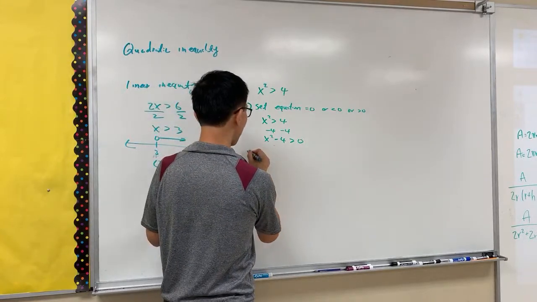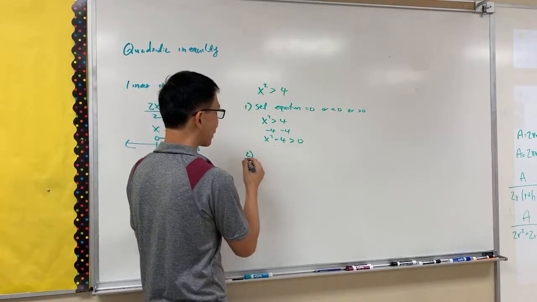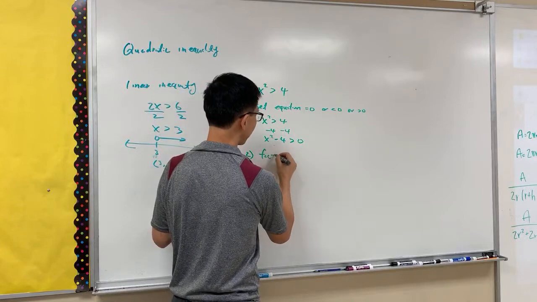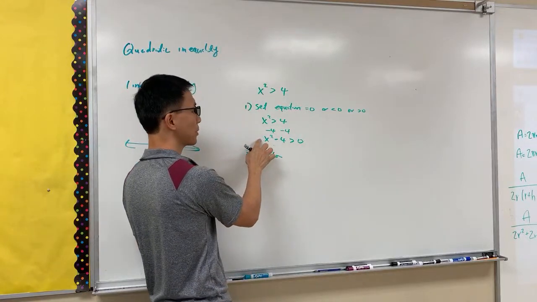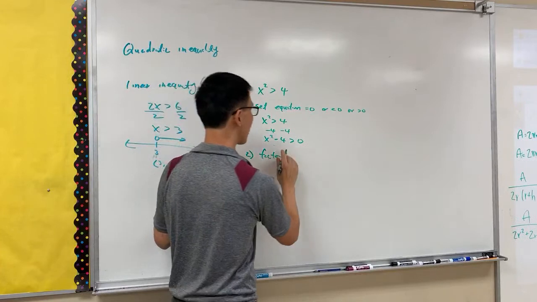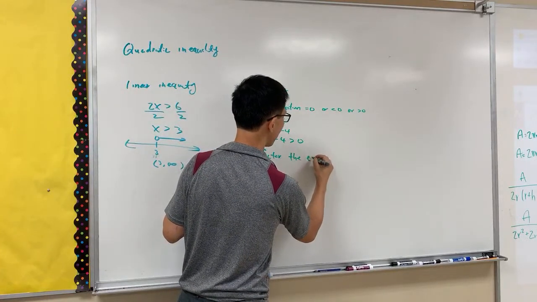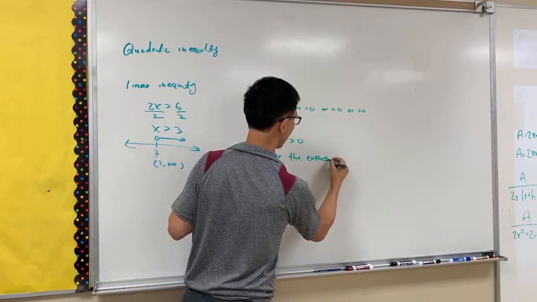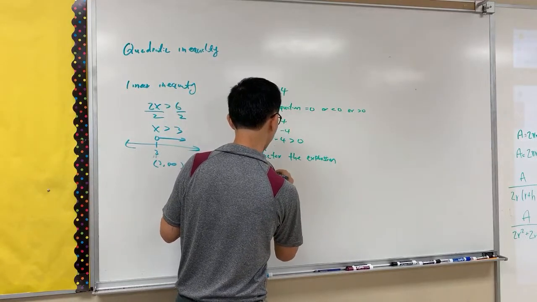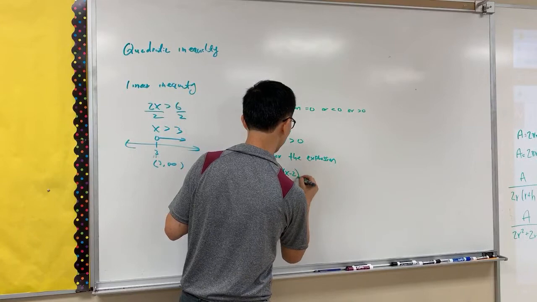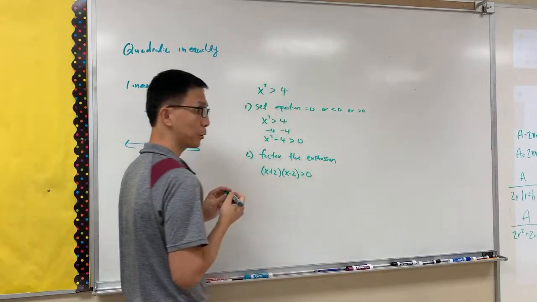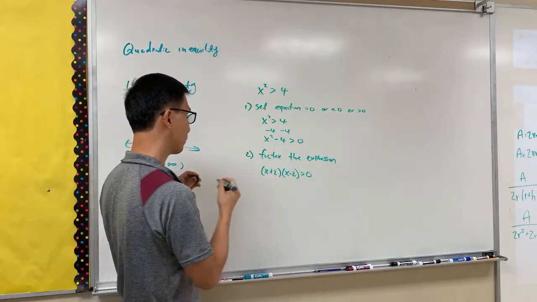Okay. Second step, I'm going to factor this. Factor, and make sure that the leading coefficient is positive. So factor the expression. That's going to give me x plus 2 and x minus 2 greater than 0. Are we doing okay? Okay.